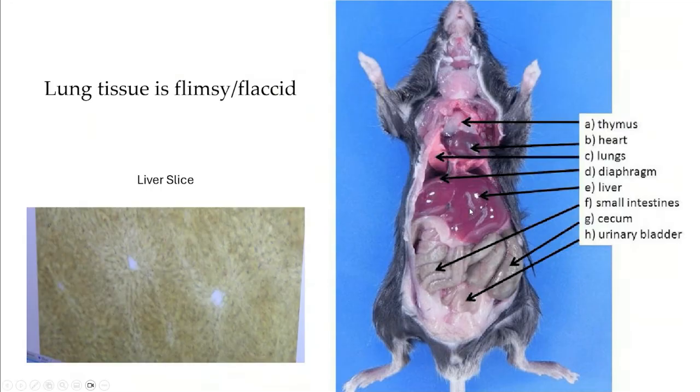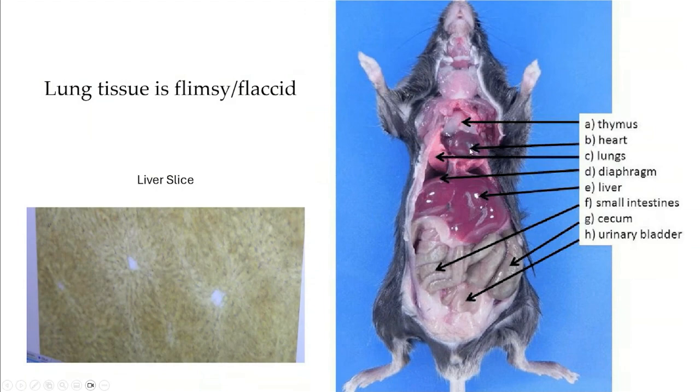And you have the other organs here. You want to make sure you remove as much of the rib cage as possible and open up the area of the upper body, so that you can inflate the lung and not have it get punctured by the rib cage or interfere with other organs.